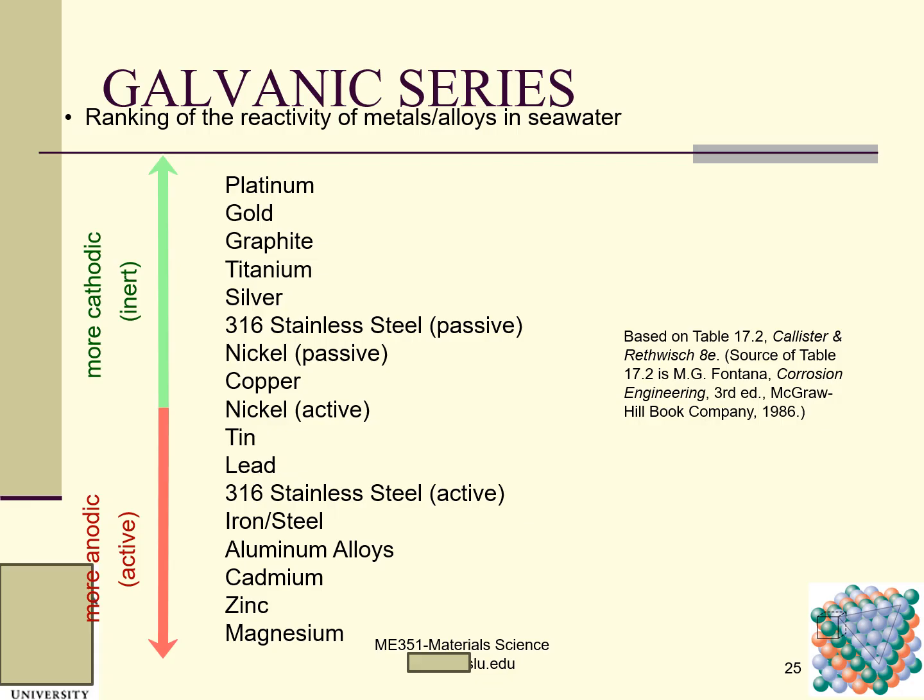Then we talk about the galvanic series, ranking the reactivity of metals and alloys in seawater. This one is very, very important, especially when we work on shipbuilding projects. This is more cathodic, this is more anodic.